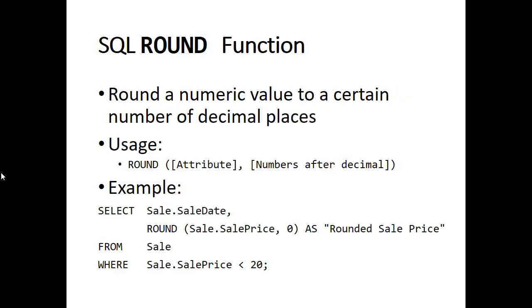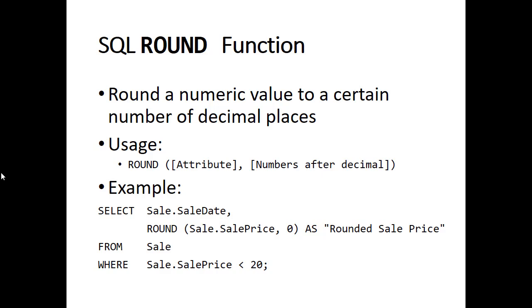First function is the ROUND function. This does exactly what you think it would. It rounds a numeric value to a certain number of decimal places. The ROUND function is written in all caps. All of our SQL functions are SQL keywords, so they get typed in all caps. And all functions are going to contain a set of parentheses.